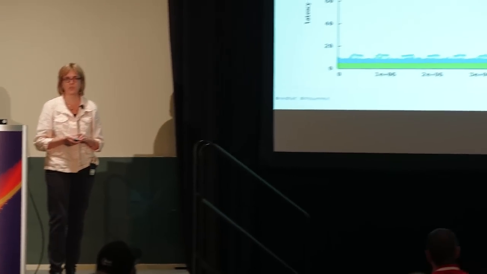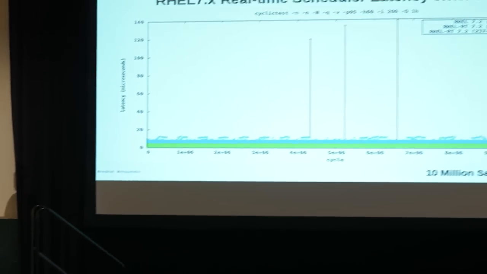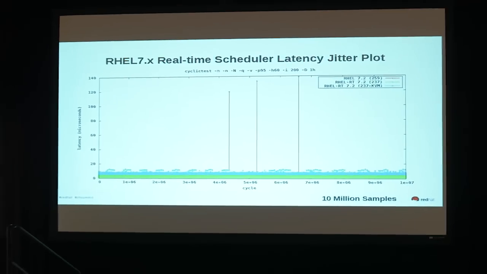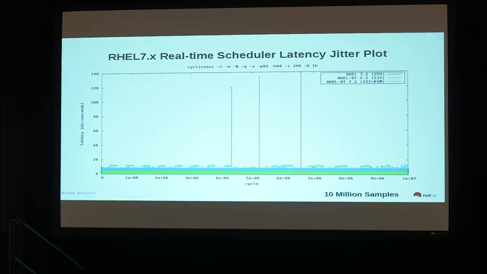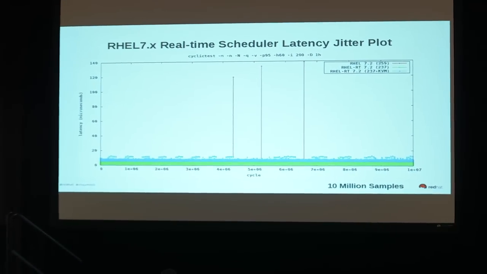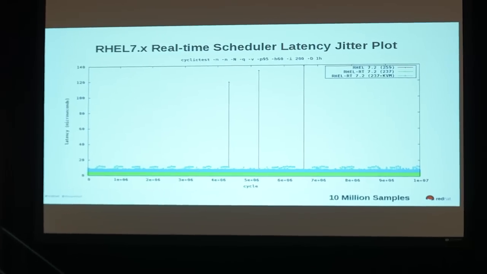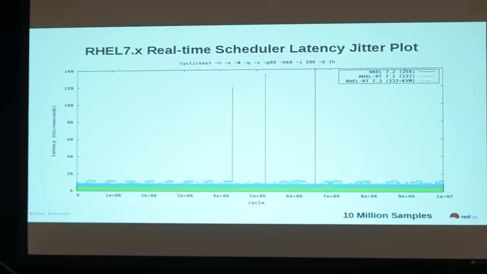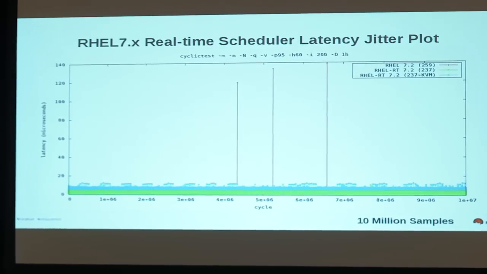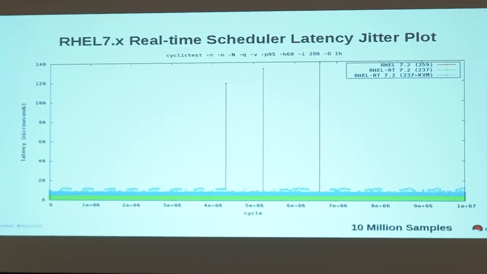So here's one of those latency scheduler jitter plots that are fun to look at. I want to go through from top to bottom. The red lines are just the plain RHEL 7.2 kernel as it was last week when they ran this test.